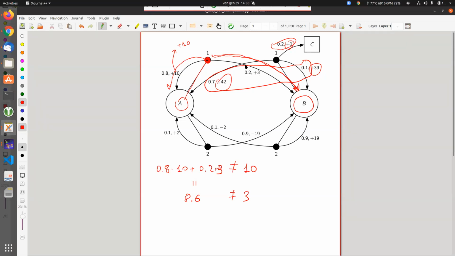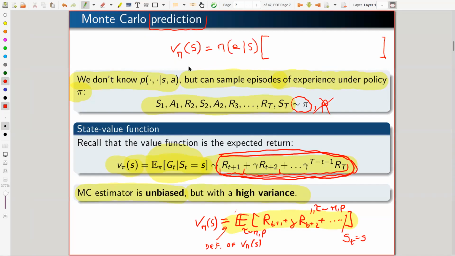First look at the reward. So we will have the sum of the rewards with their probabilities. So I will have +3 times 0.2 and so on, +10 times 0.8. I will have the expected value of the reward.